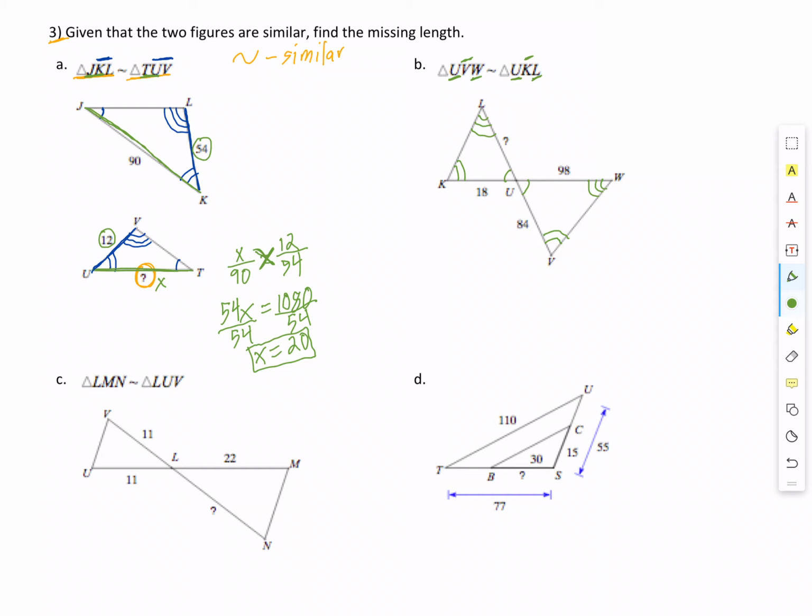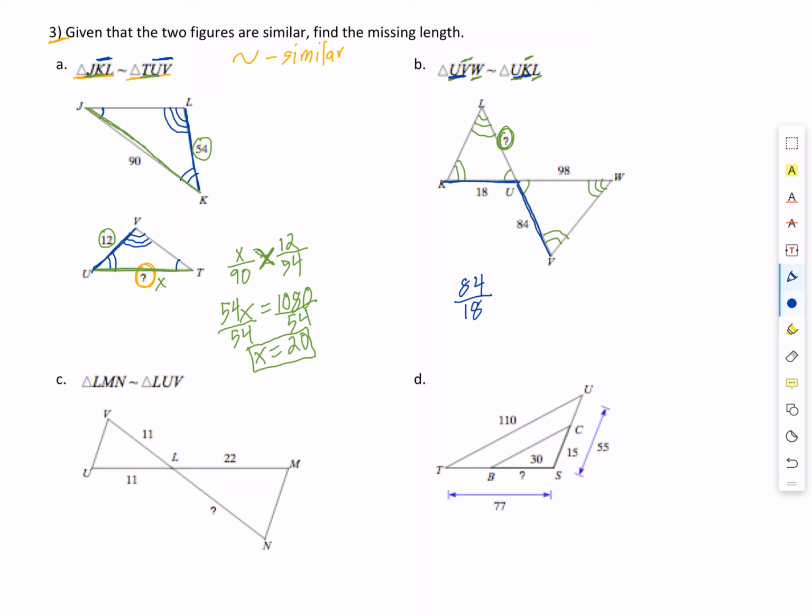And we're wanting to find this mystery length right here. But again, looking at the notation, UV, so this length right here, is similar to UK, so this one right here. So we could set up a proportion on that. Let's go with the bigger one on top. Let's go 84 over 18.